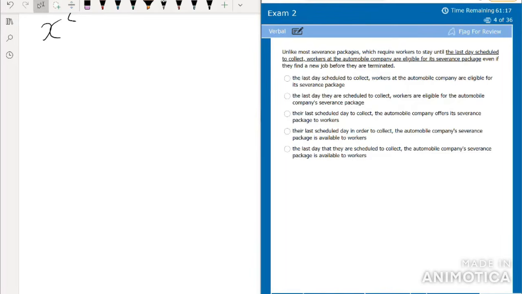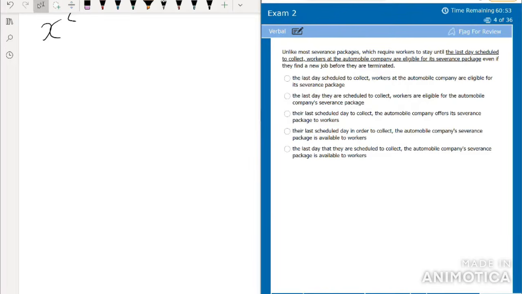So that's suggesting C or D, which requires workers to stay until their last scheduled day to collect.